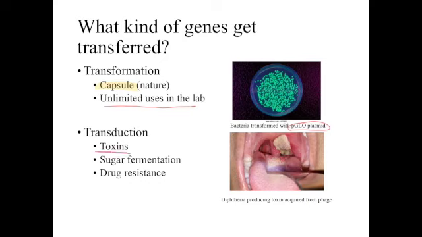A lot of toxins are acquired by transduction, like cholera toxins come from a bacteriophage. A really good example that we can actually see is diphtheria toxin. Diphtheria is a disease you will probably never have because you've been vaccinated for it as a part of your diphtheria, tetanus, and pertussis vaccine regimen. But this toxin kills the cells in the back of the throat here.